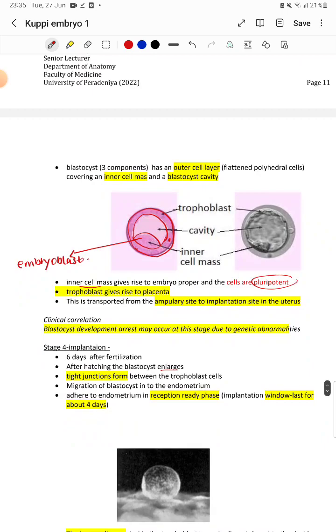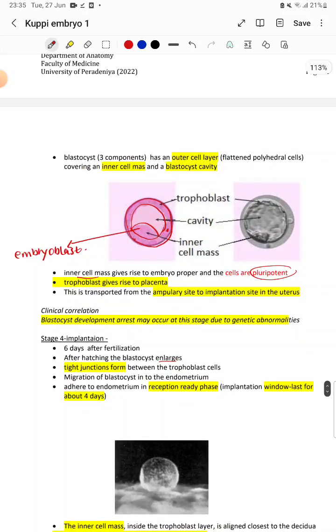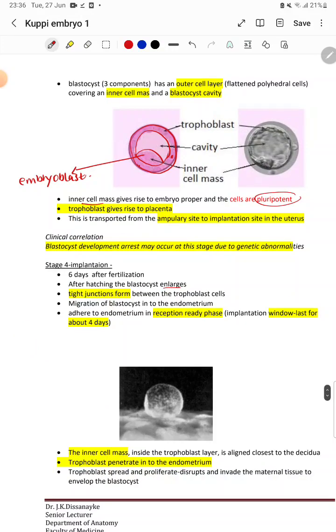Now, anyways, like I mentioned, the blastocyst is still within the ampulla, so it's just making its way down to the implantation site. And just a small clinical correlation, blastocyst development will get arrested at around this stage, maybe, if there are any genetic abnormalities.